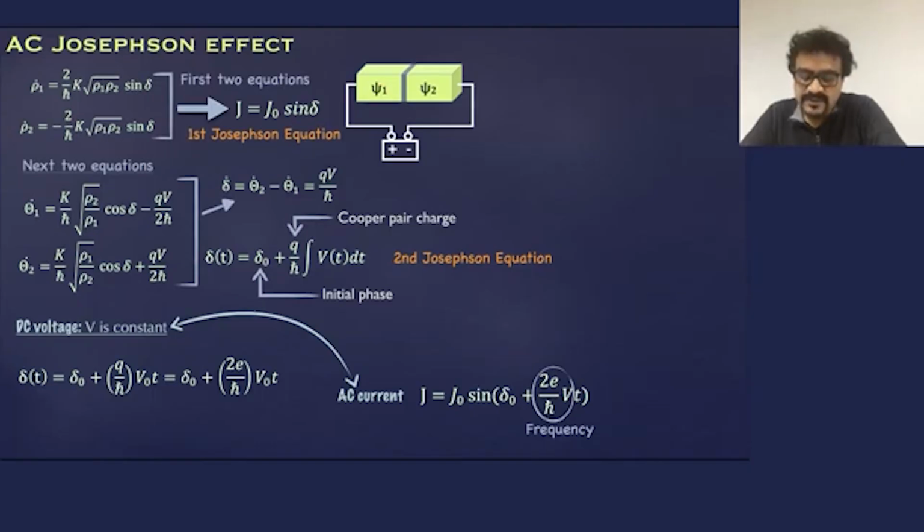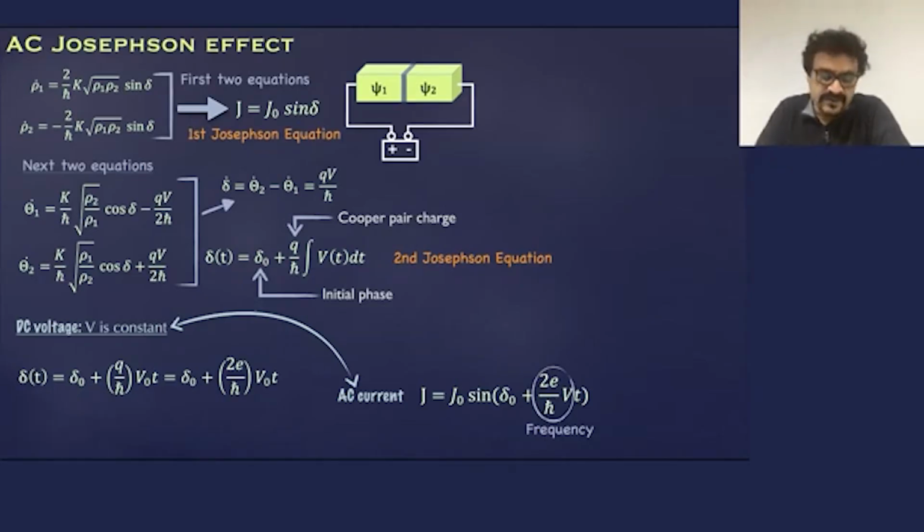Psi1 and psi2 are the wave functions for the Cooper pair or the condensate on either side. After solving the equation by equating the real and imaginary parts, we got two sets of equations in the previous class, and there are actually two more equations, and that is what we are going to focus on now.